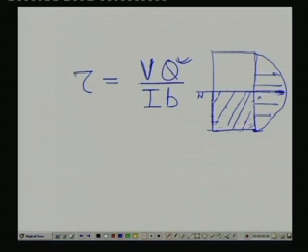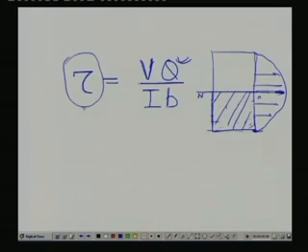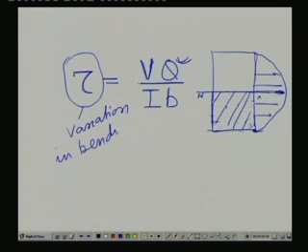So, what we conclude from this particular analysis is that shear stress in beam, this tau, will be arising whenever we are getting the variation in bending moment.